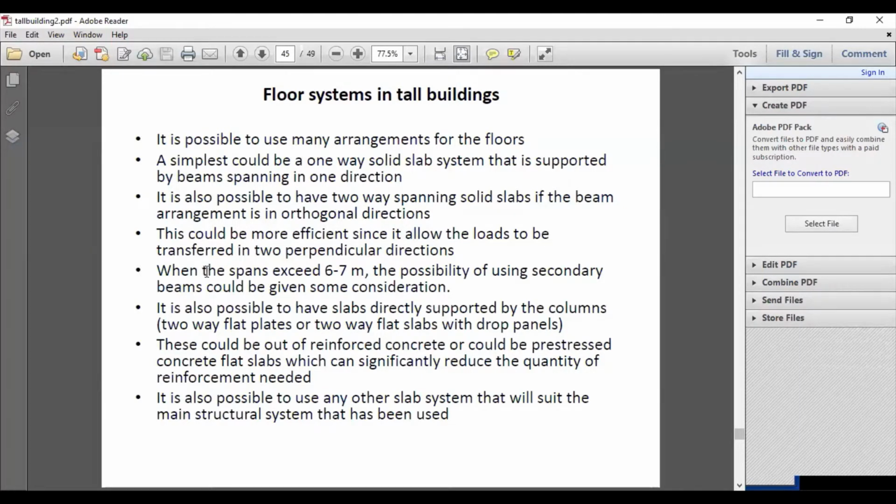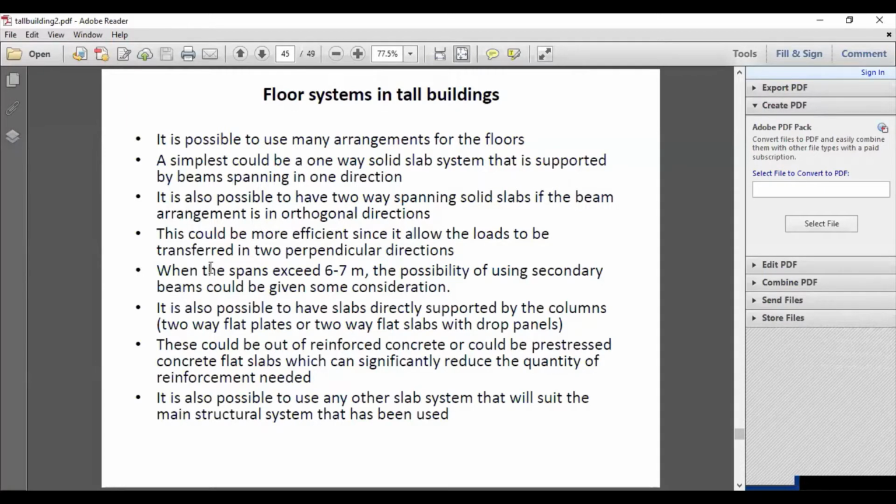In tall buildings, another aspect that we have to look for is the number of columns, or the number of column-free spaces and the span of the column-free spaces. Because we are transferring large loads, we have to make sure the foundations can be independent.